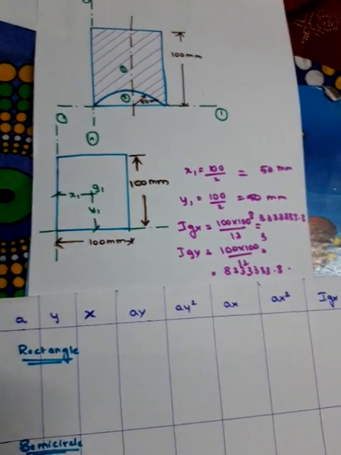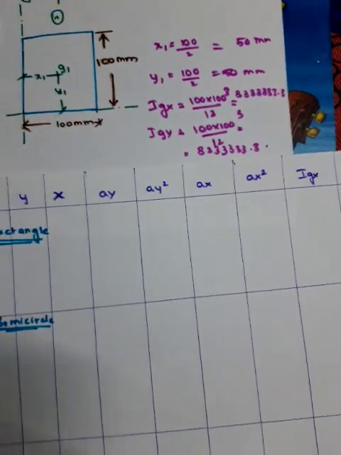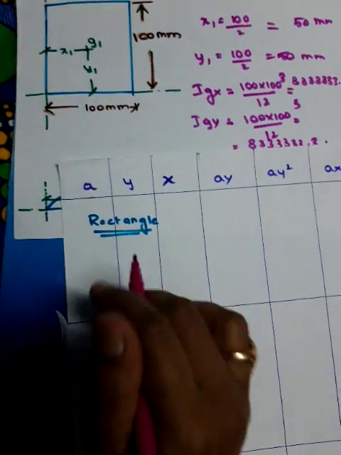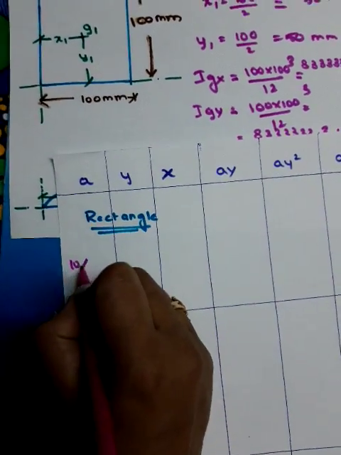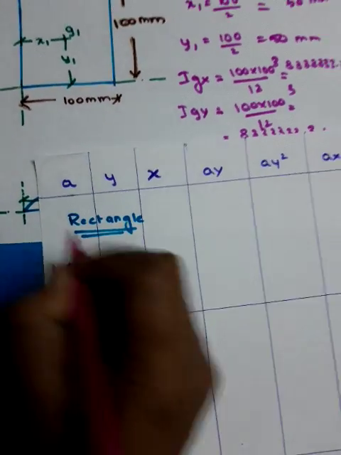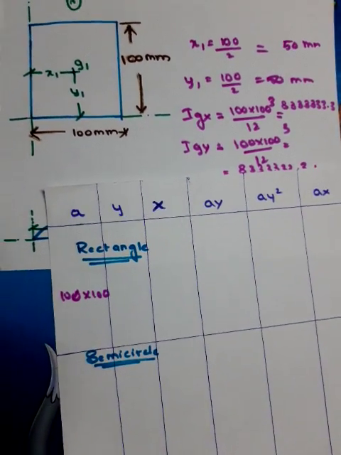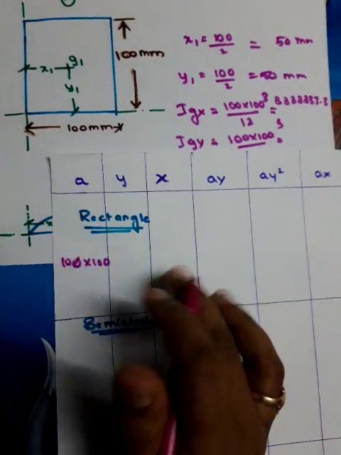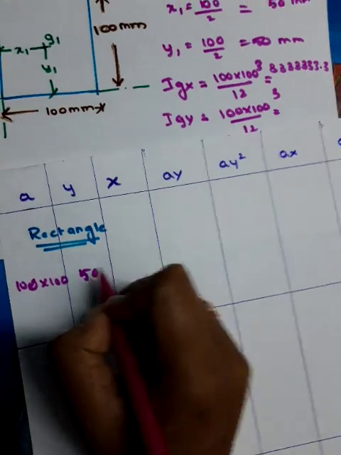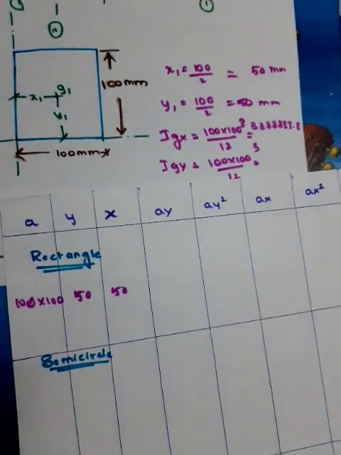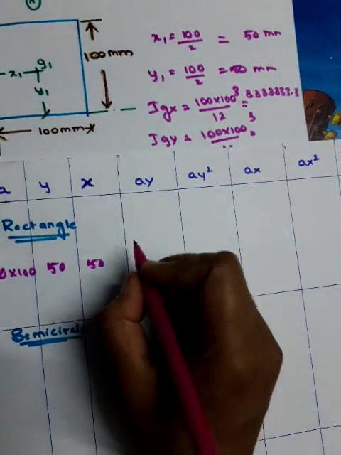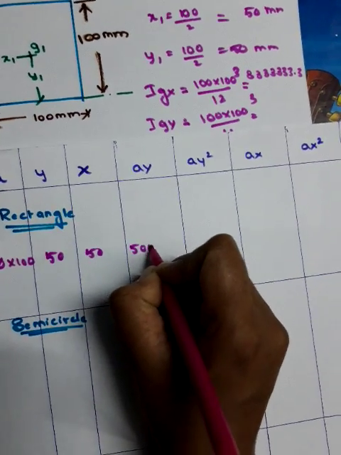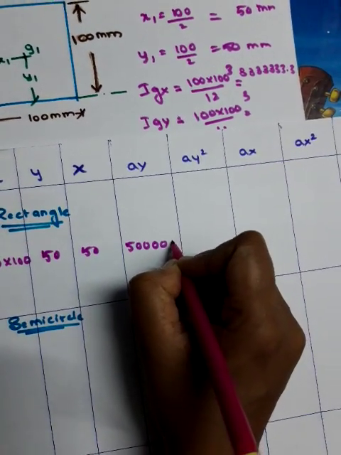Now write all the values here. The area of the rectangle is 100 by 100. Then y1 is 50 and x1 is 50. Multiplying A into y, we get 5 lakh.